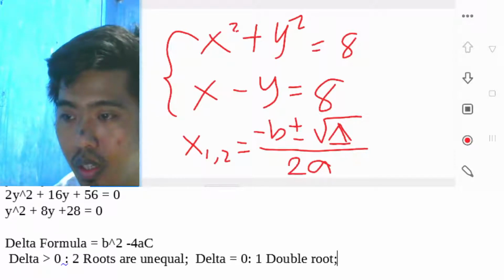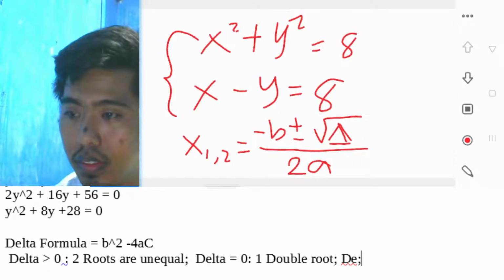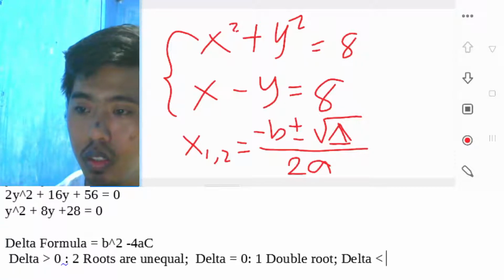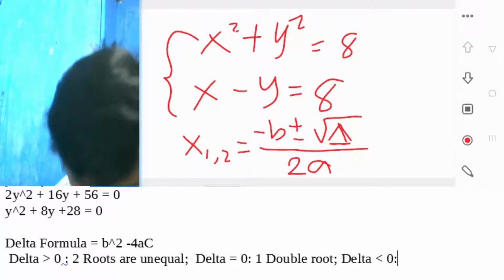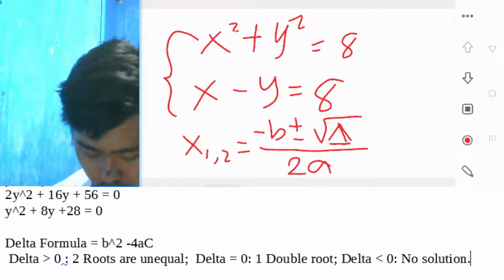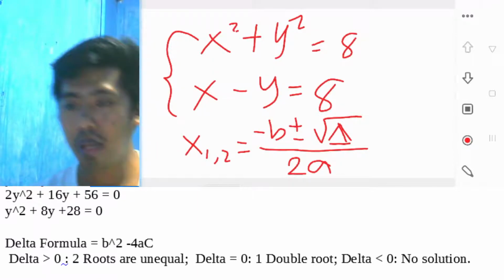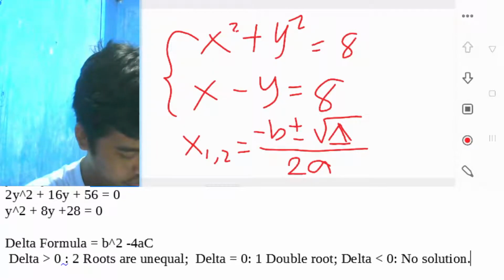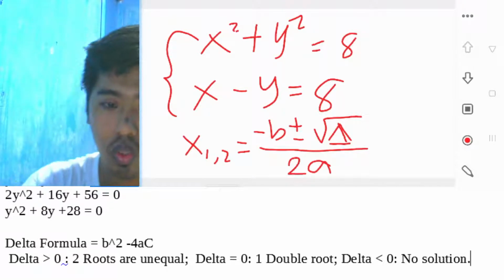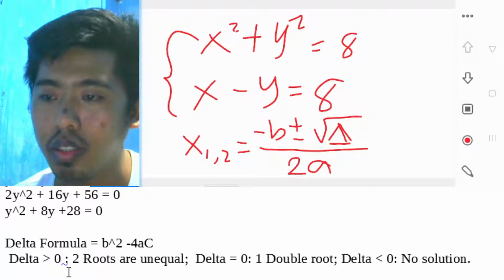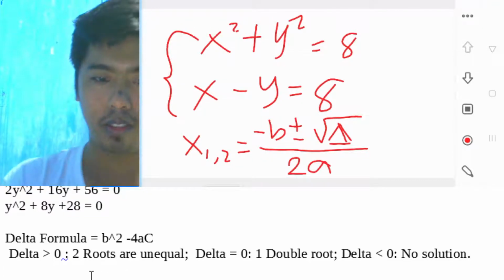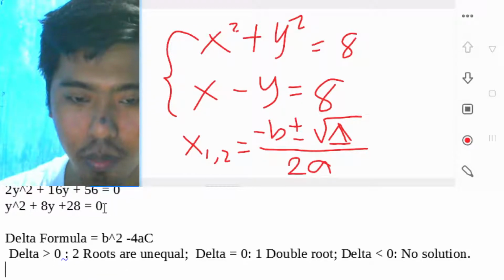Now, if delta is less than 0, meaning no solution, or let's just say imaginary. Okay? So let's try to answer this one. So y squared plus 8y plus 28, let's bold it.